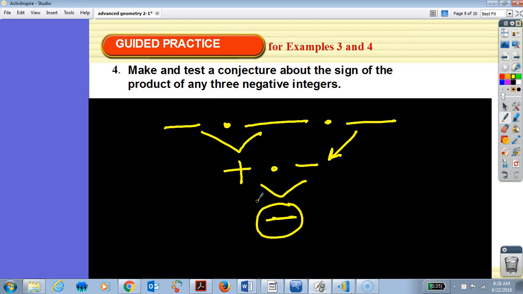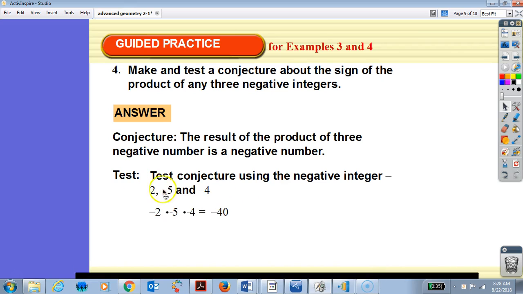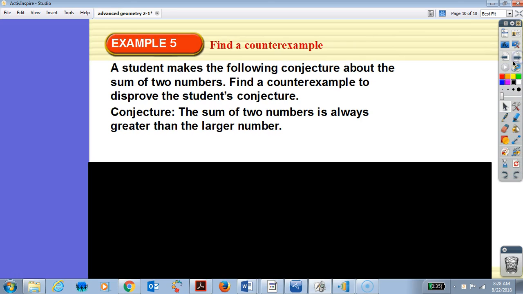I could do different examples with different numbers, but it should always give me a negative, right? So the sign of the product of 3 negative numbers should always be negative. They test them out, and we get a negative answer. I can't come up with any counterexample that would be anything other than negative, so we're going to go with the fact that it's true.